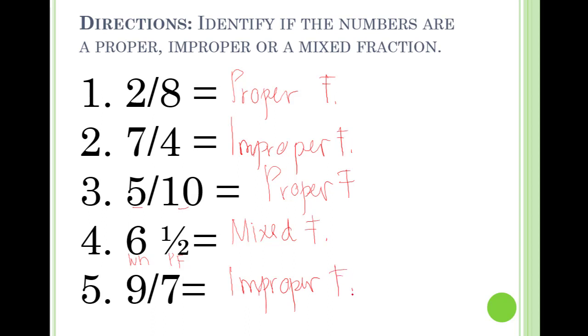So again, when you say the word proper fractions, this one is smaller and this one is greater. This one is greater and the other one is smaller. And this one consists of the whole number plus the proper fraction.